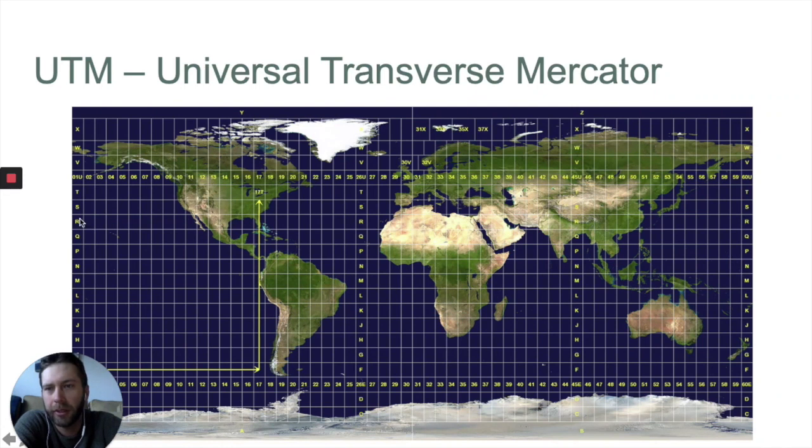So 13 and S puts me right here in Colorado, and this is something that tends to confuse a lot of people at first, especially when I'm teaching in Colorado, because I'll tell them that we're in zone 13S, and they say, well, don't you mean 13N? And I say, nope, 13S. And they tend to think that the S should be an N because we're in the northern hemisphere, so we're north of the equator.